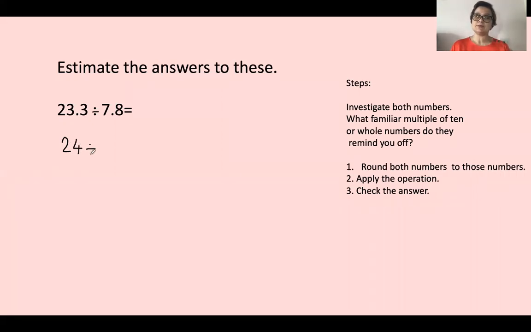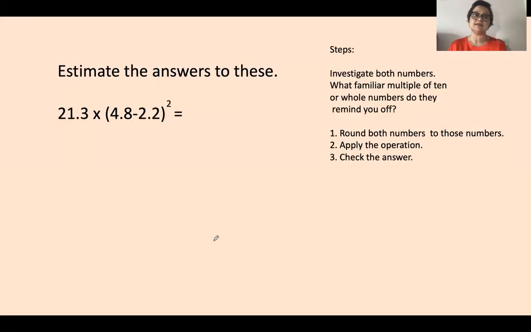Round it up to the numbers where the calculation works better. 7.8, I'm going to round up here. So there you go, 24 and 8, both of them familiar numbers, both of them belong to the 8 times table. So the answer is going to be 3. Just like that. So just look at the numbers, investigate the numbers.